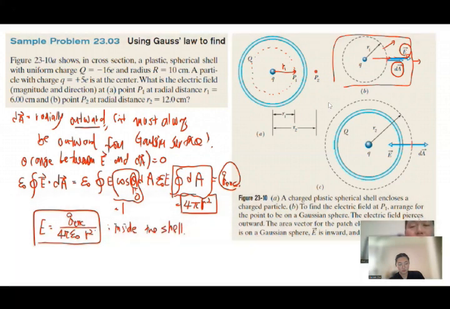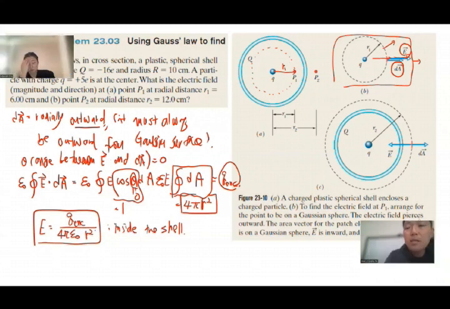If you stay outside of the shell, because this shell is negatively charged, the electric field should be inward. The area vector on the Gaussian surface is always outward, so the angle between the electric field and the area vector is 180 degrees.